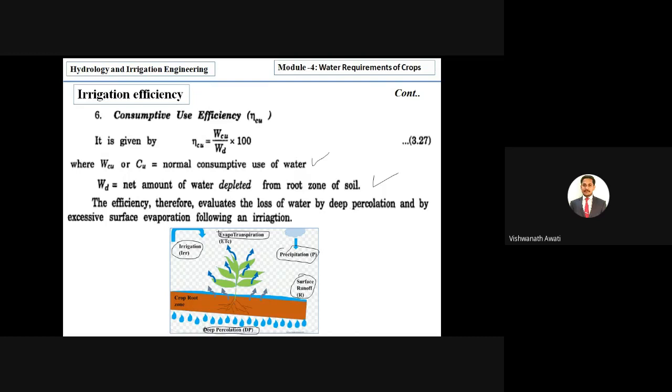Here deep percolation may take place as well as evaporation from the plant, right? From this we get to know how much is effectively used by the plant. That is consumptive use efficiency. From this formula we can understand, right? For all the efficiencies, the equations are very important, and we have to write the meaning of each of the parameters. Those are very important.